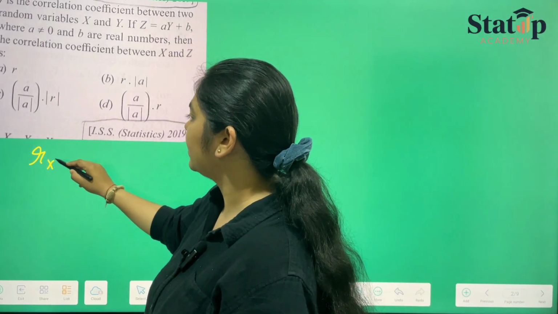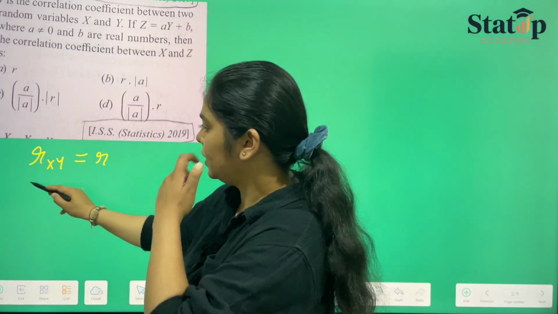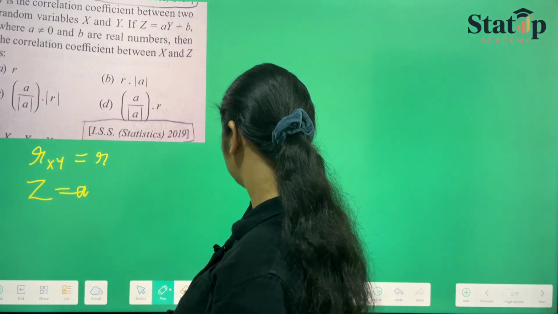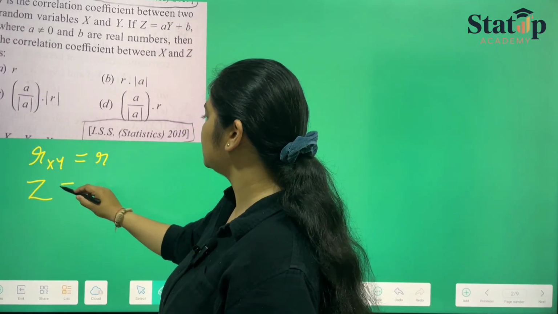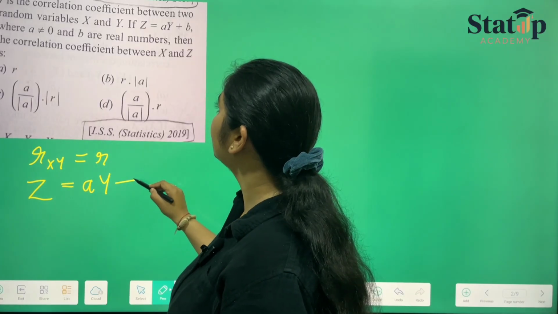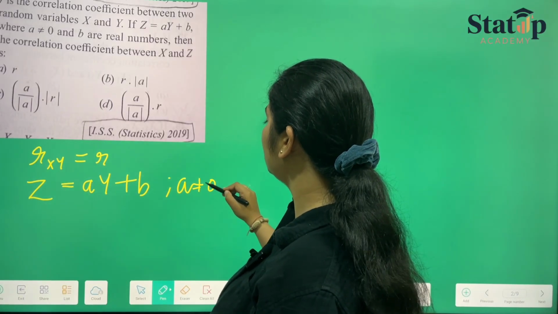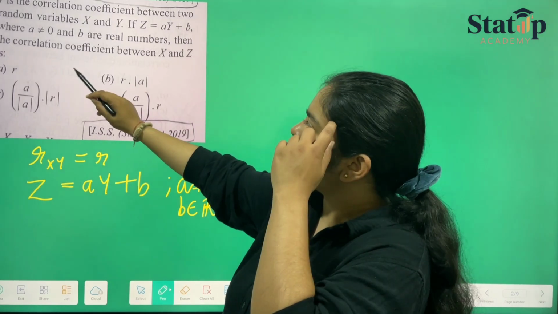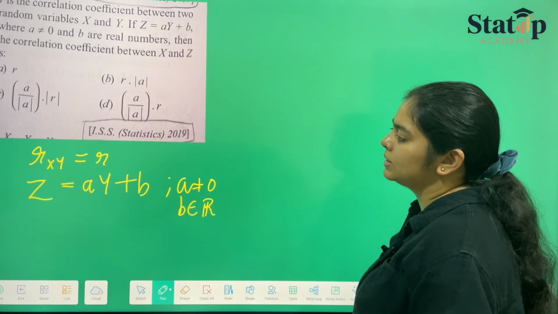So R XY has been given to us as R, and we have been given another variable Z equals AY plus B, where A is not equal to 0 and B belongs to any real number. Then the correlation coefficient between X and Z, they have asked us this.